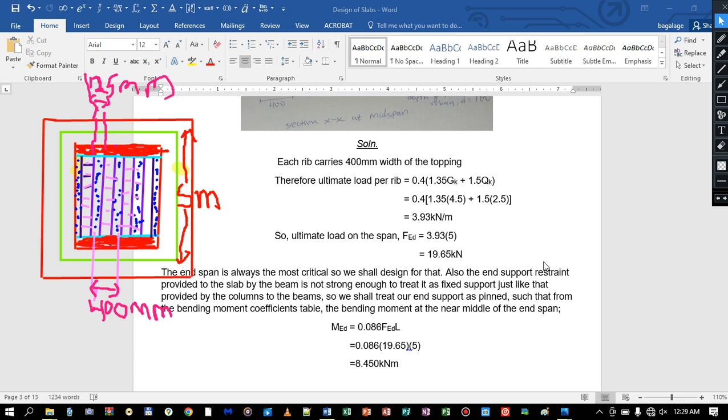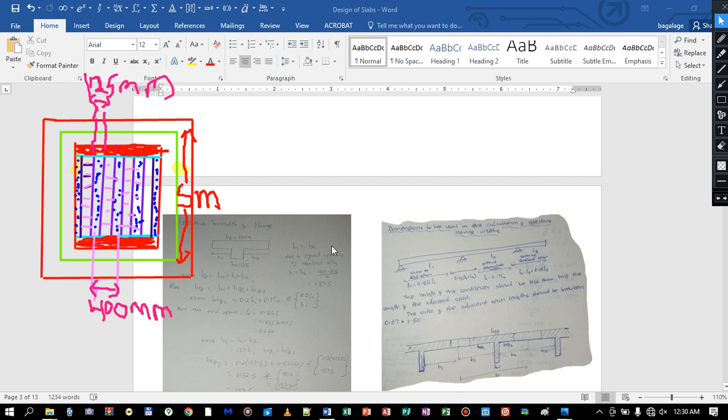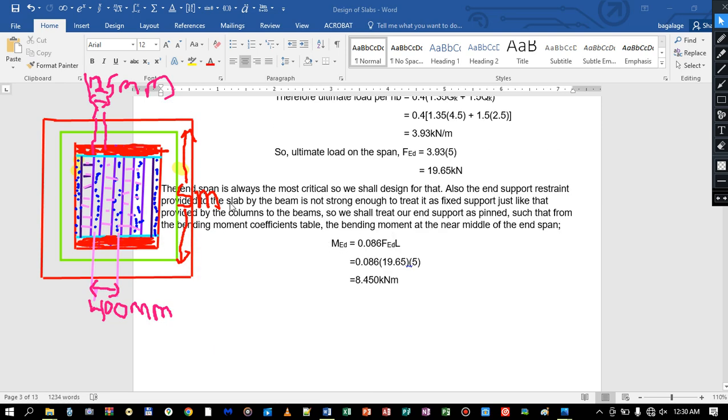And from analysis, we find out that the end span carries the greatest moments, and then the first interior support carries the greatest hogging moment.